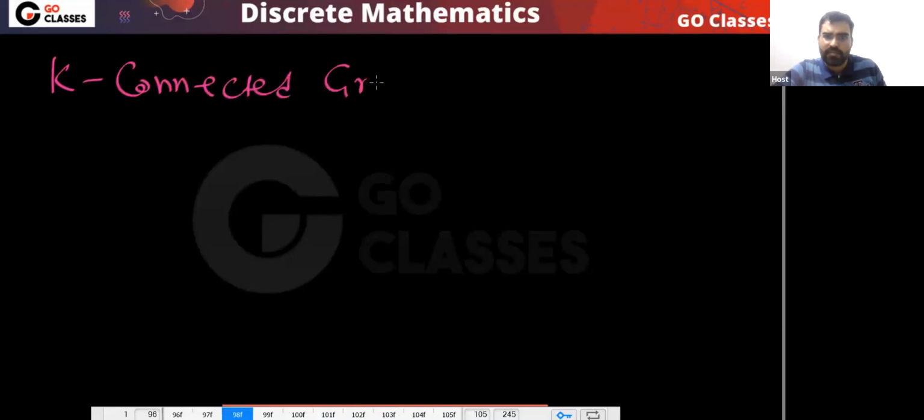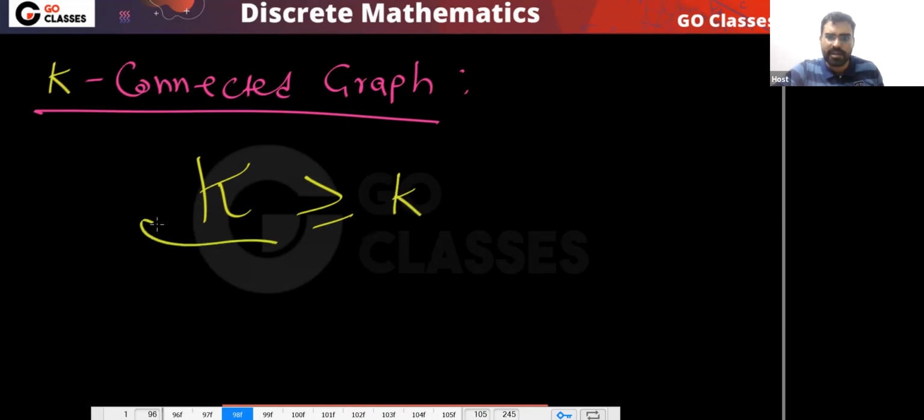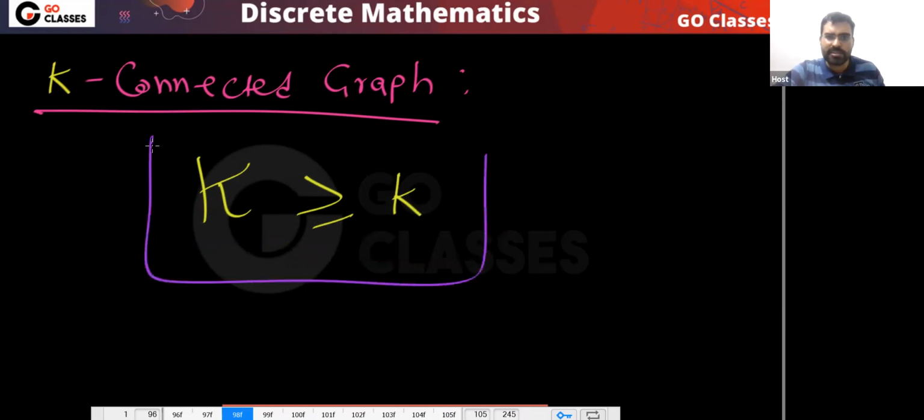It simply means that kappa, the connectivity number, is greater than or equal to K. Is this clear?